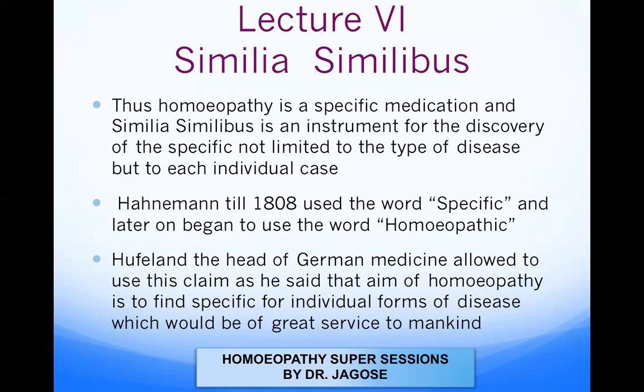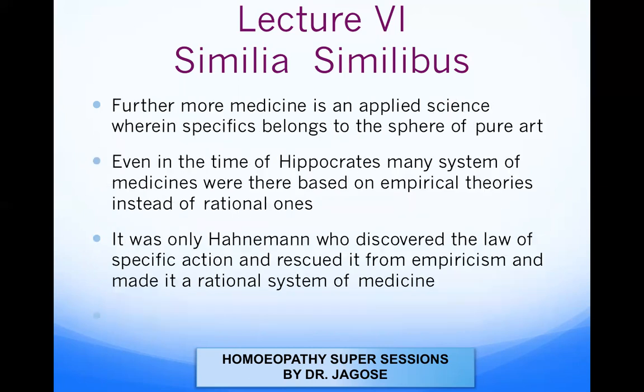After Hahnemann discovered homeopathy, he started giving articles on homeopathy in Hufeland's journal. And initially, Hufeland allowed it because he said that the aim of homeopathy was to find a specific for forms of disease which would be of great service to mankind.